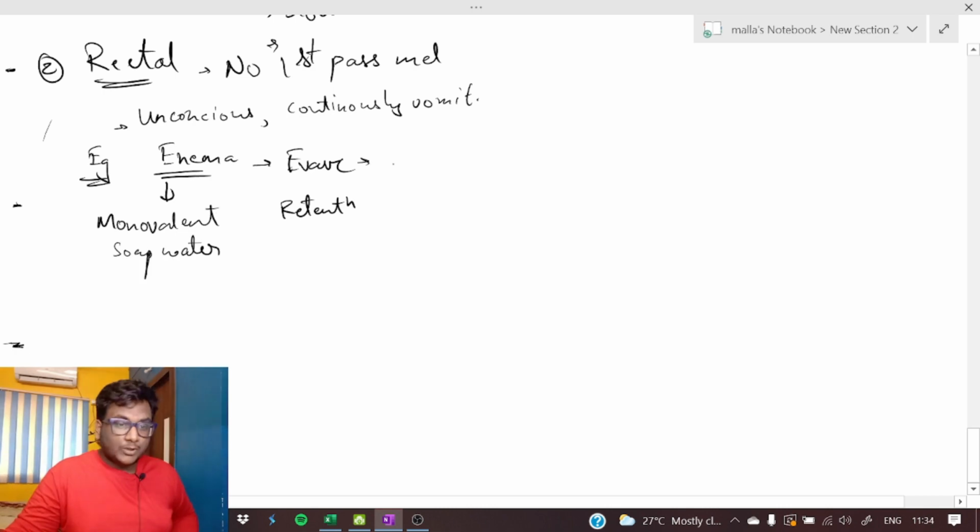So, in this, 180 to 300 ml of the soap solution is inserted so that the evacuation occurs. It is mainly used in radiological studies. In retention enema, we use 80 to 120 ml to retain the bowels.